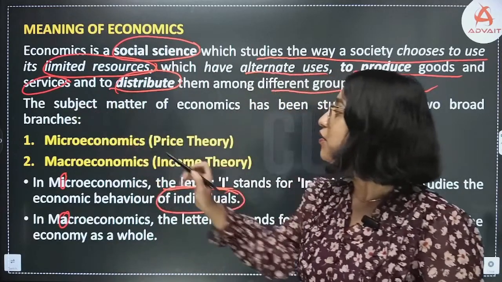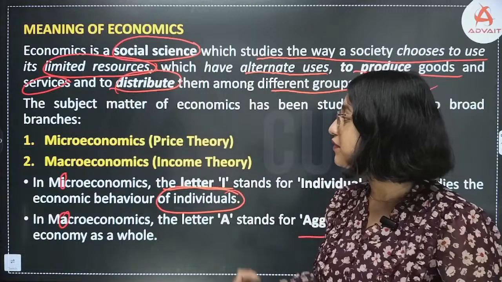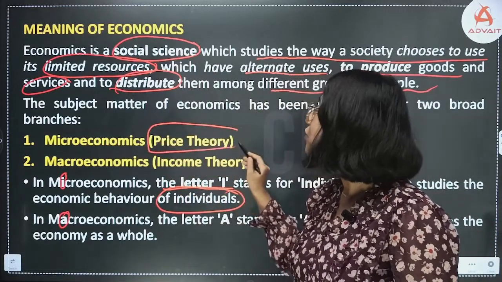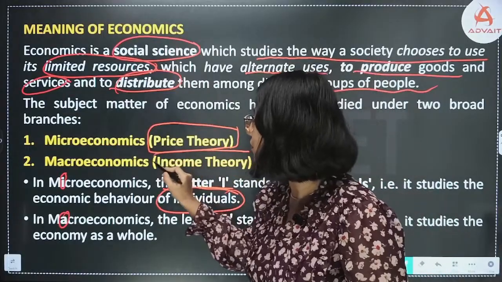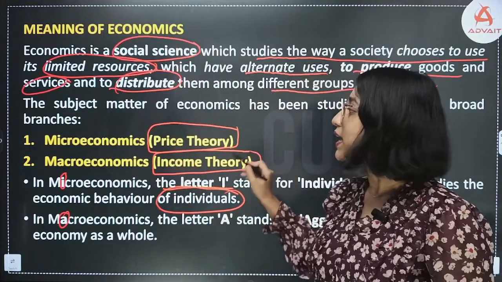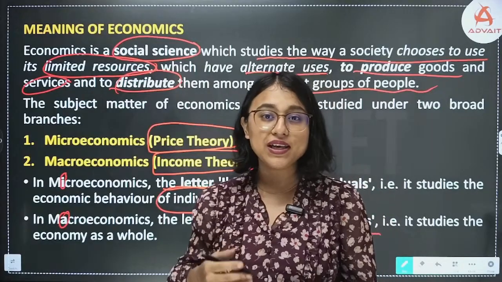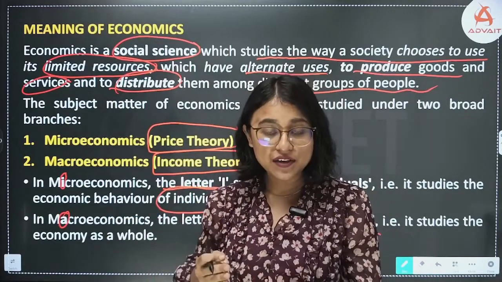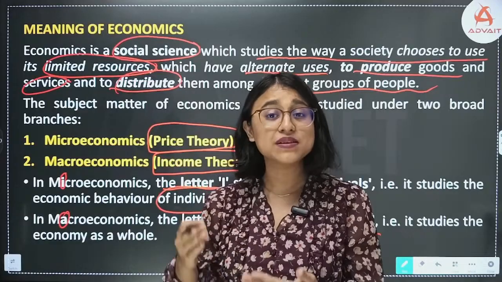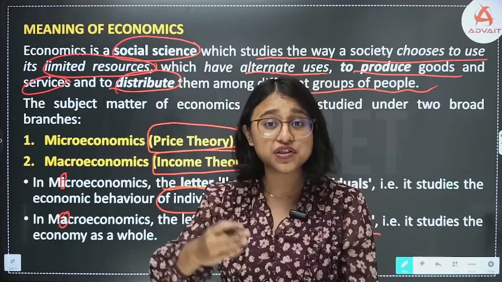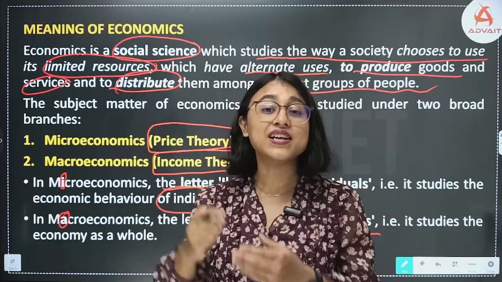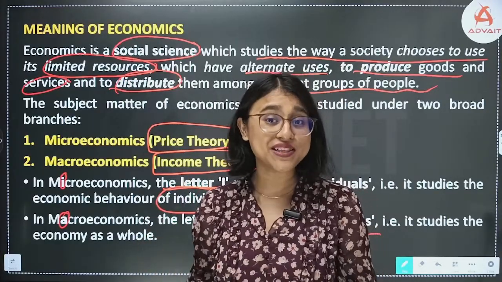If I give you one more difference, microeconomics is called price theory and macroeconomics is called income theory. Why? In microeconomics, we study each individual unit, and therefore microeconomics also helps us to determine the price of each unit of the commodities produced in the economy, and therefore it is said to be the price theory, right?